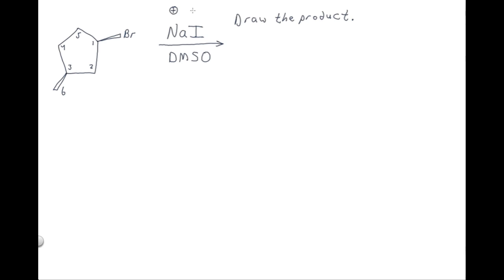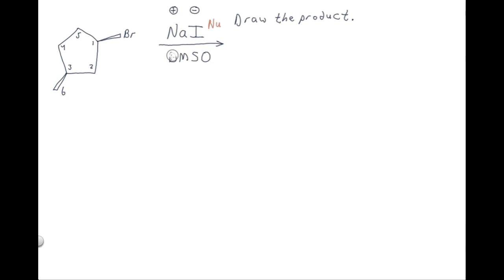Positive sodium and a negative nonmetal iodide. Now we want to identify the roles. We would expect that because of the negative charge, this iodide can play the role of nucleophile. And because here we have a positive charge on a metal, we expect the sodium to be a spectator ion.